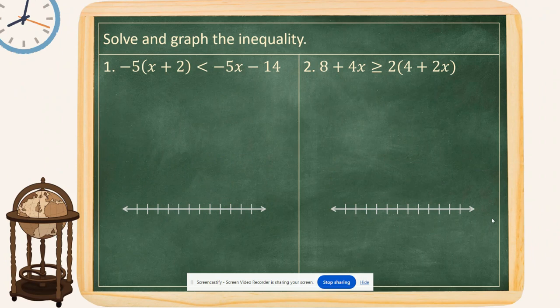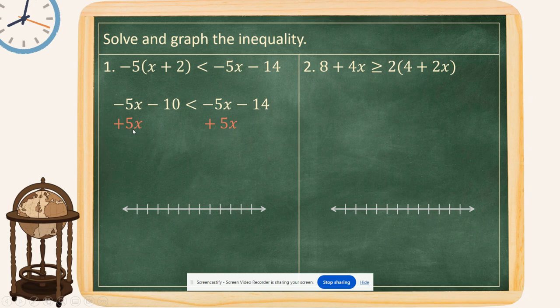The first one: I have negative 5 times (x plus 2) is less than negative 5x minus 14. I'm going to distribute this negative 5 to the x and the 2. I get negative 5x, and then negative 5 times 2 is negative 10, is less than negative 5x minus 14. This stuff's not going to change, I didn't do anything with it. Now I need to move my variable to the left side.